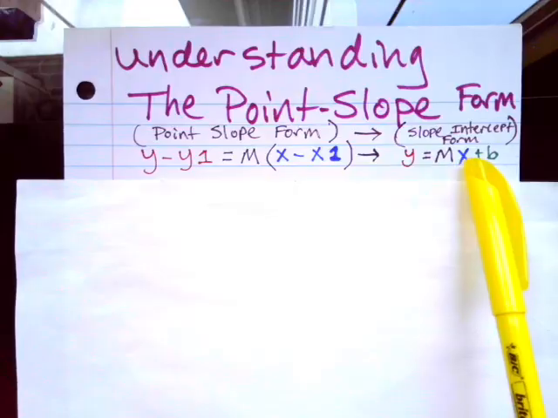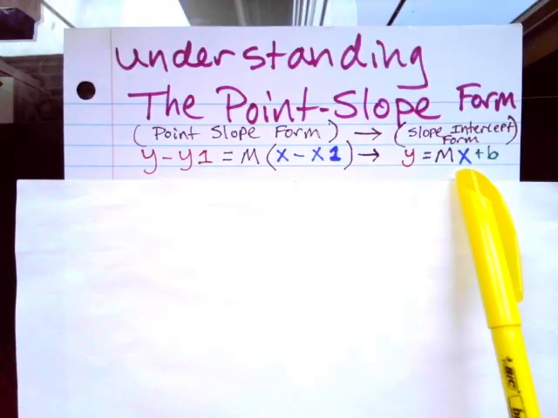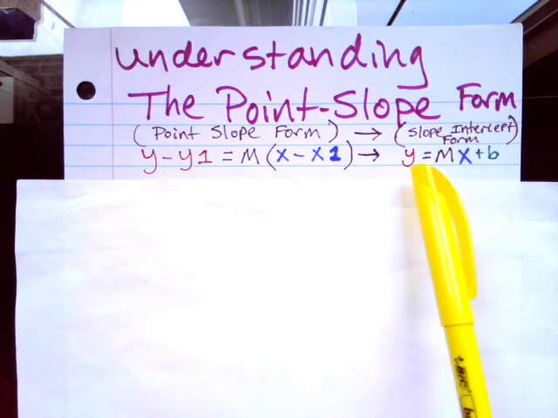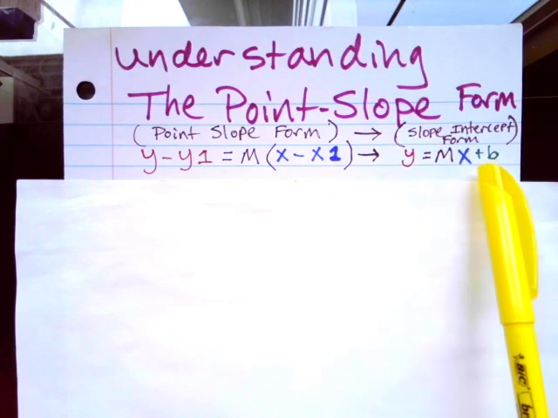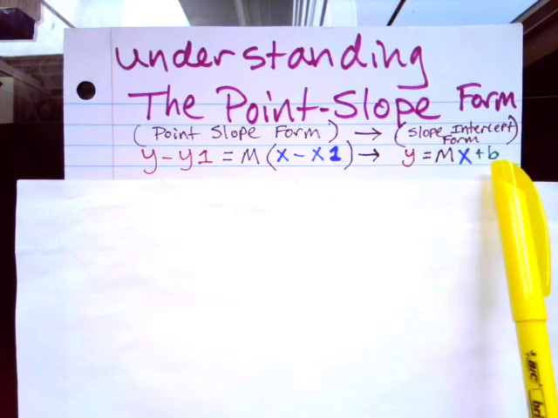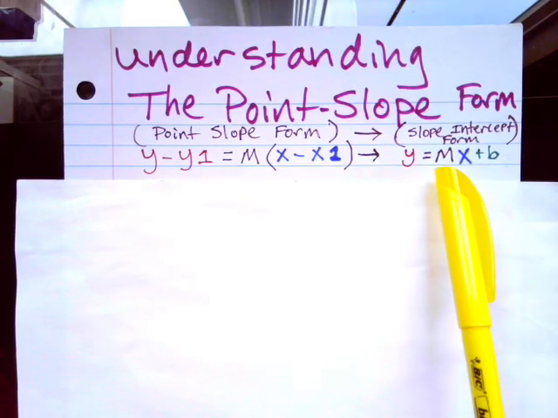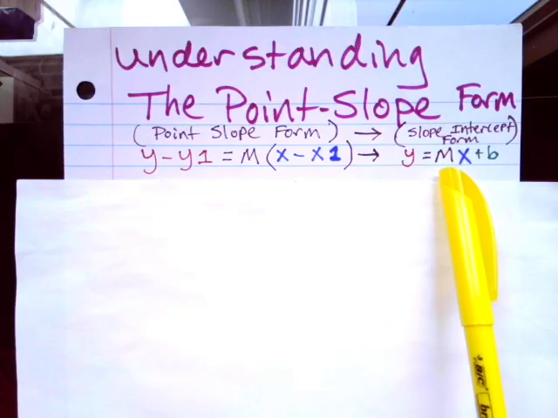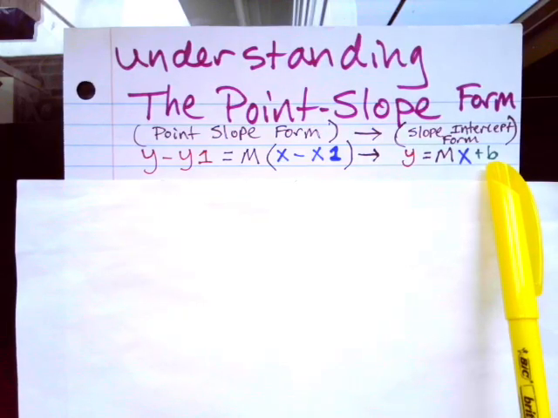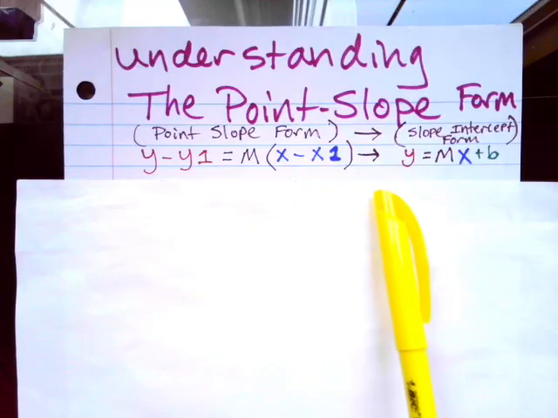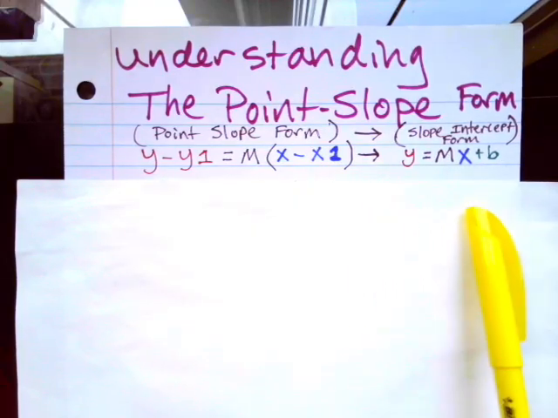And including point slope form, you're going to need to understand slope intercept form. y equals mx plus b, where the m and the b have a special meaning. And if you know the m, or the slope, and you know what b represents, which is the y-intercept, you could substitute those values to create an equation.